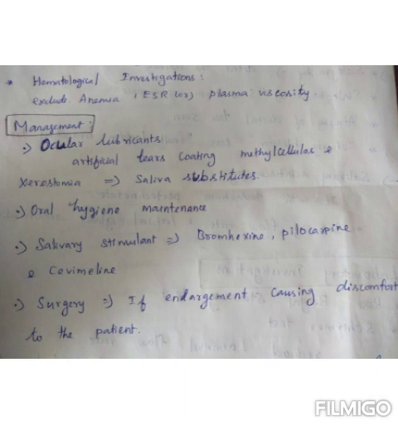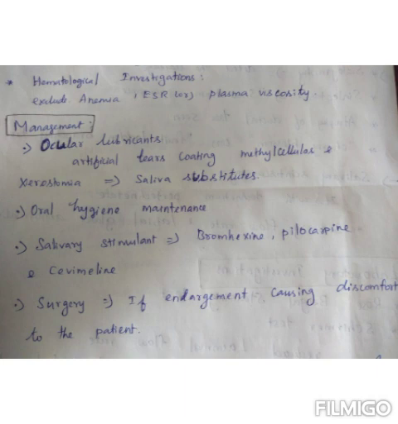Here in the management, ocular lubricants, that is artificial tear coating, methylcellulose, and for xerostomia, salivary substitutes are given. Oral hygiene maintenance is maintained, and salivary stimulants, that is bromhexine, pilocarpine and cevimeline, are used.